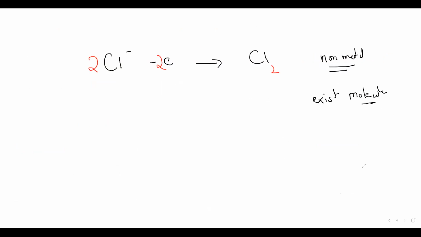Then remember one term which we call OIL RIG. What is OIL RIG? O means oxidation, I means is, and L means loss. Loss of what? Loss of electron.